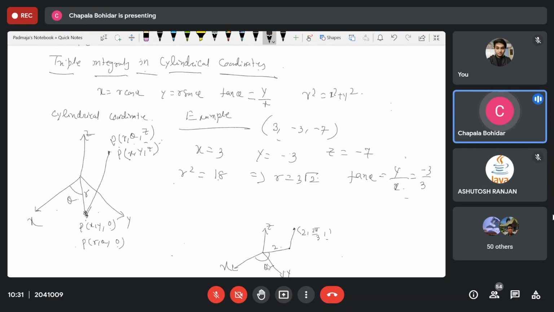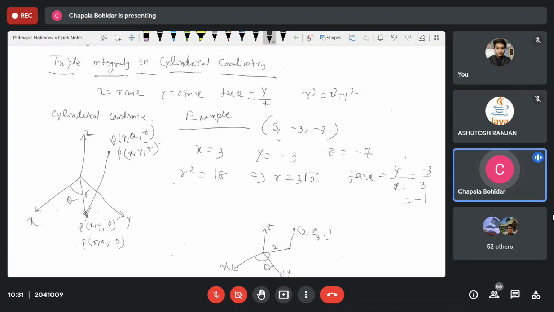So tan theta is equal to minus 1. First tell me it is in which quadrant? Fourth quadrant or not? Y by x. It is in the fourth quadrant.